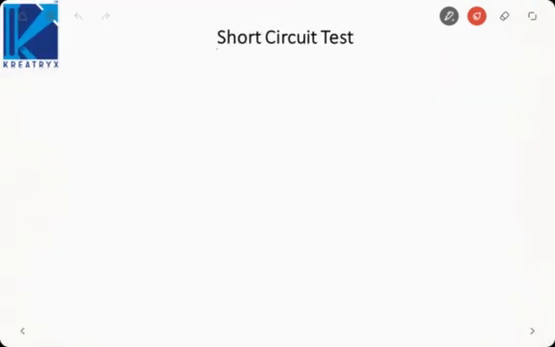Next, let us come on to the short circuit test. Up to now, what we have covered is open circuit test, in which we determine the core losses and the parameters of the shunt branch in case of transformer. So, what are my objectives left? First is to find variable losses.